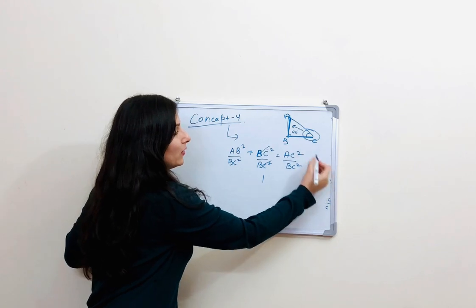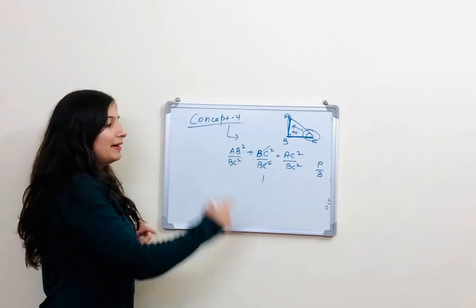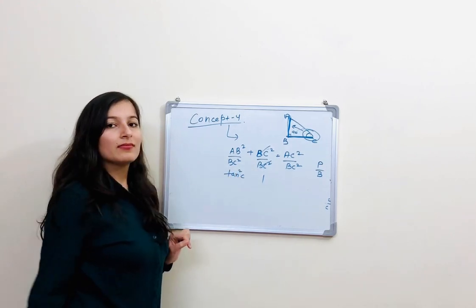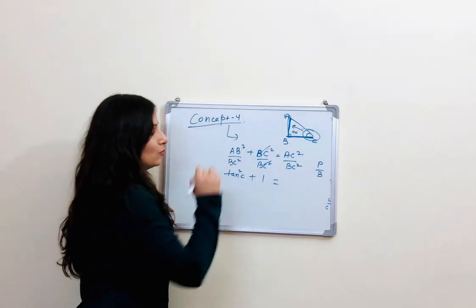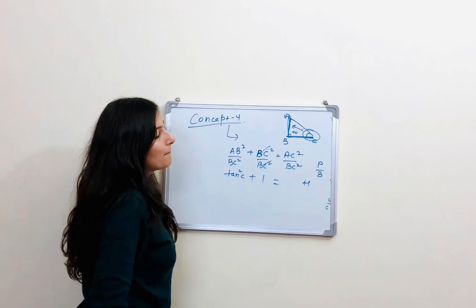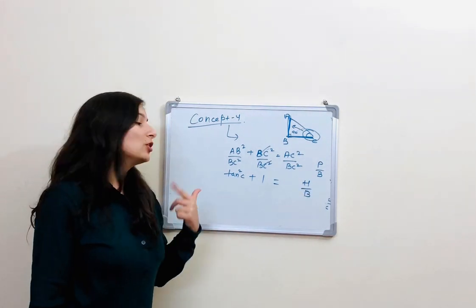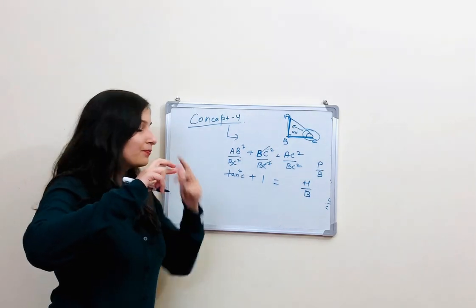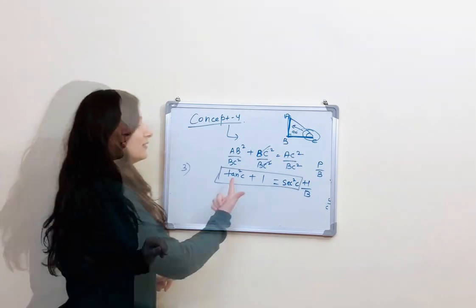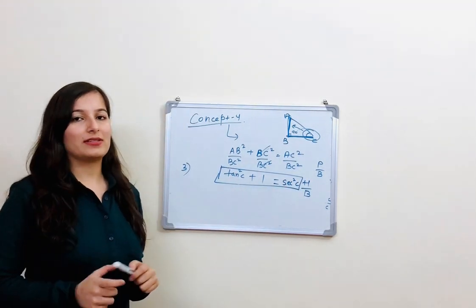AB is perpendicular, BC is base according to C, and perpendicular upon base is tan square C. Plus 1 equal to. Let's check out this one. AC is hypotenuse, BC is base, and this is reciprocal of cos, H by B, right, which is sec square C. This is our third identity, tan square C plus 1 equal to sec square C.